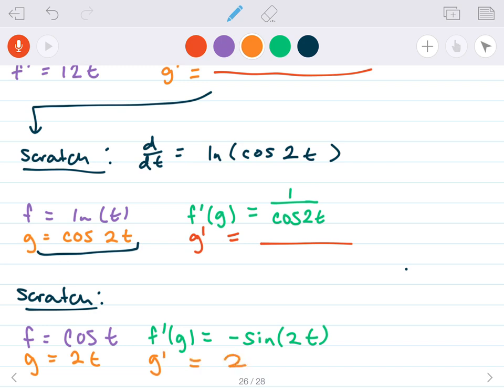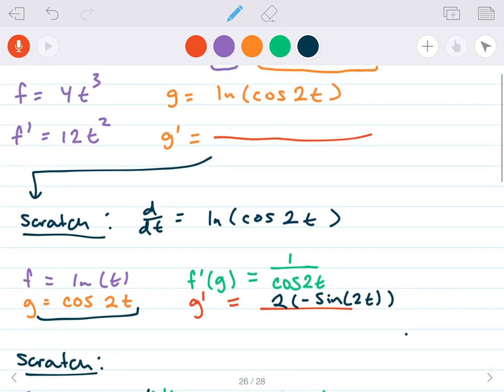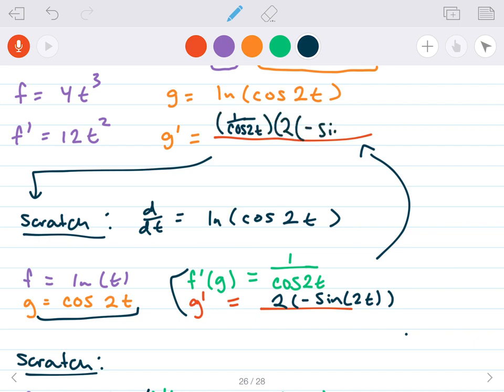And so we can multiply these together to fill in the blank above. So g prime is going to be 2 times negative sine 2t. And now we have the information that we need to figure out our above blank, because we need to multiply these together to get that. So using the chain rule, we have 1 over cosine 2t times 2 times negative sine 2t.